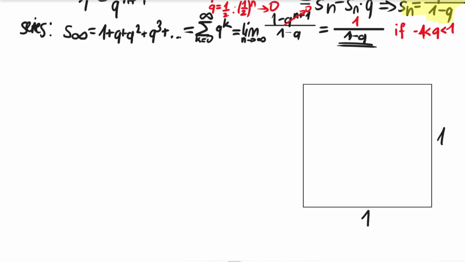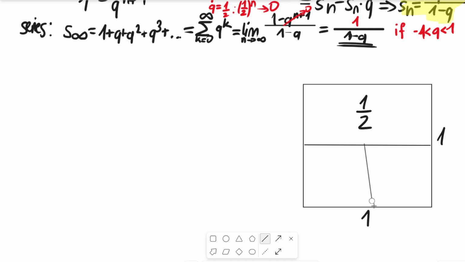We split the square in the middle. So what is the area above? Simply, you know it. It is 1/2. Now you split it again here below. What is the area here on the left side? 1 divided by 4.